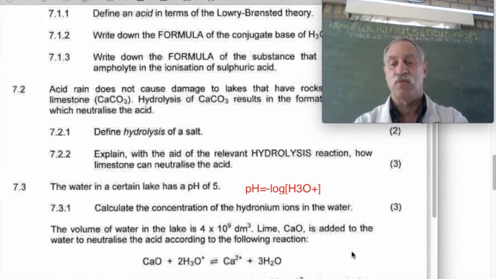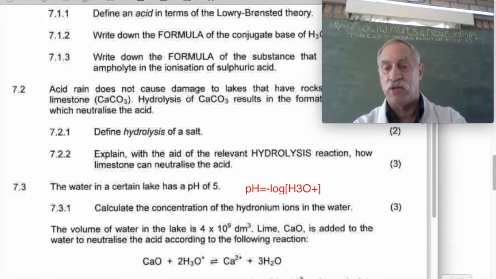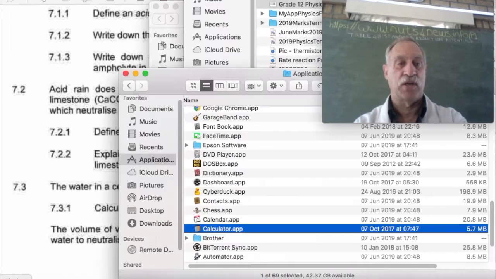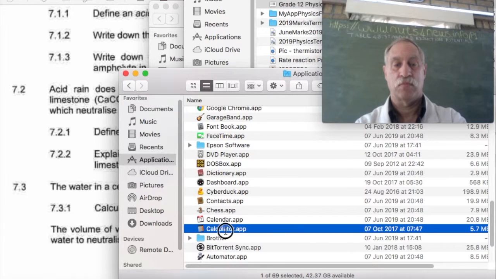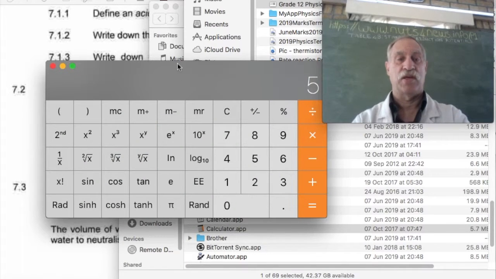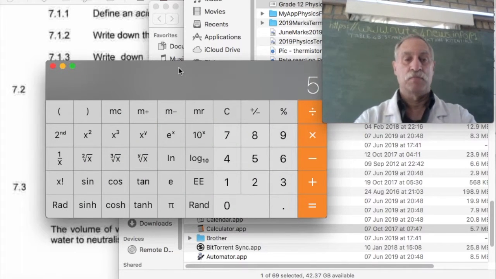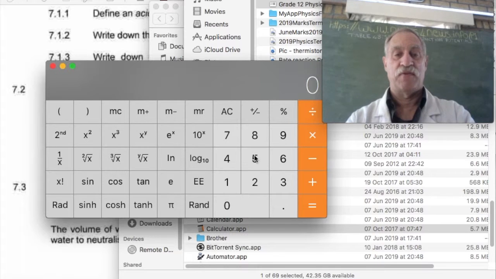Well, you go to your calculator, and let me just go and find my calculator. Applications, calculator. Right, there's the scientific calculator. We type in 5, we make it negative, and what is pH? It is actually that. So find that on your calculator.